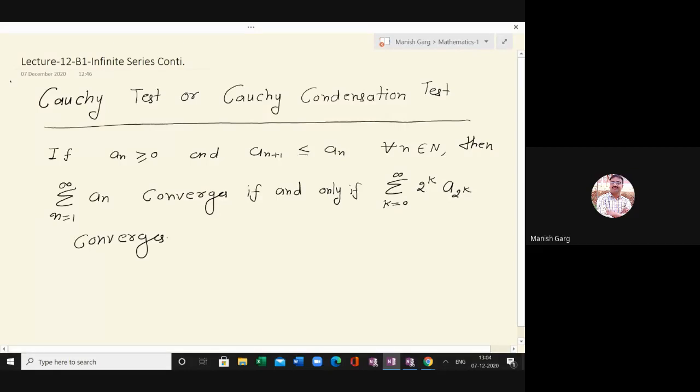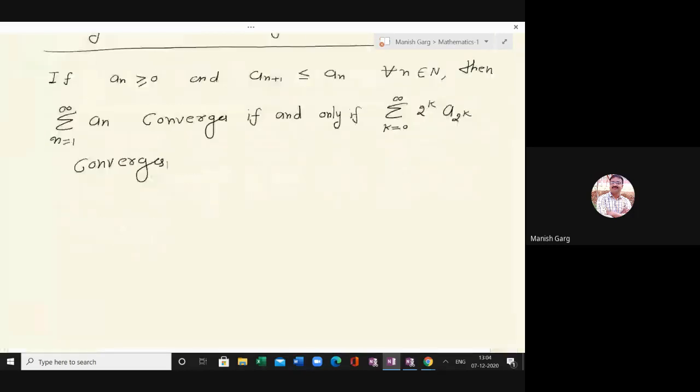If it diverges, then a_n also diverges. So whatever nature this has, the series sum n equals 1 to infinity of a_n will have the same nature.